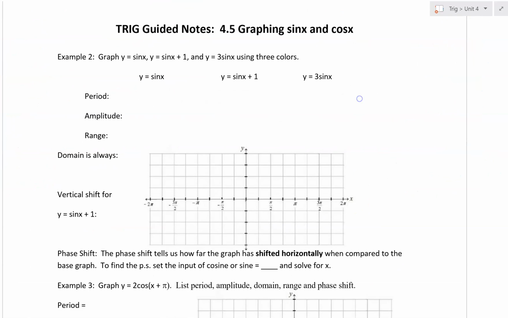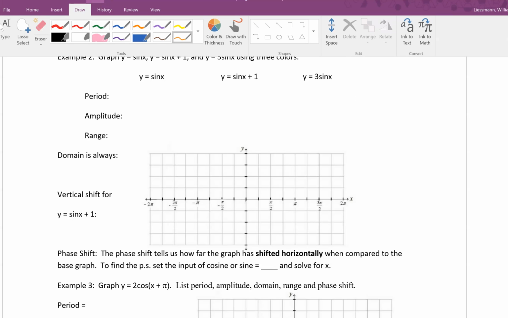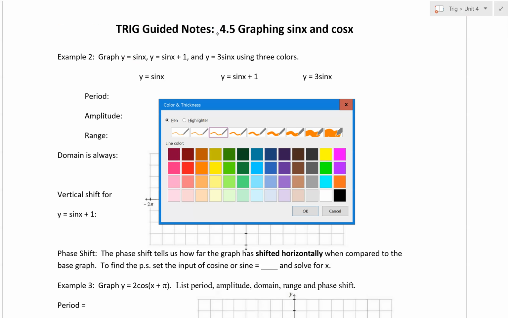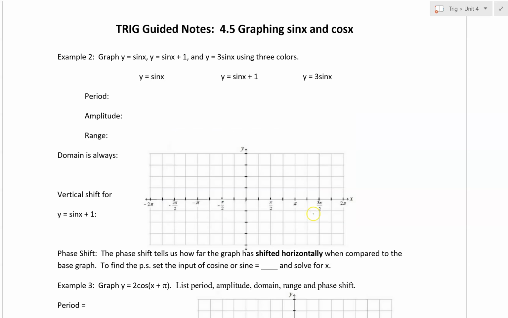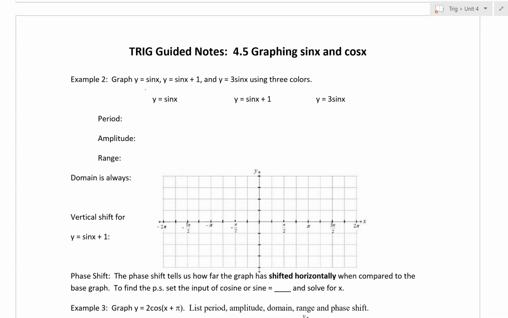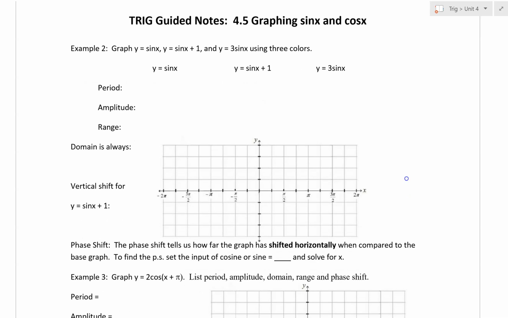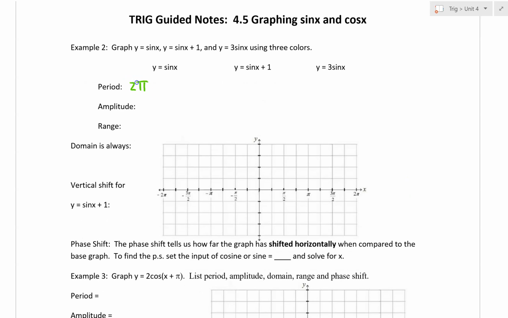That was for cosines. Now, we're going to be doing the same thing for sine. So let's take a look at it. I'm going to start with these first three. So sine is going to be, in this case, y is equal to sine x. Well, the period, we already said, 2 pi. The amplitude in this thing, 1.